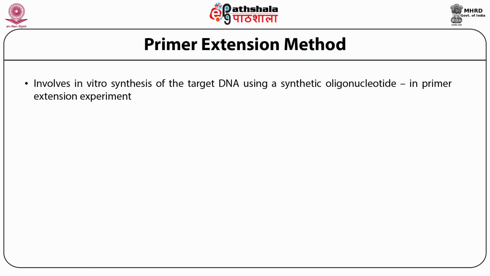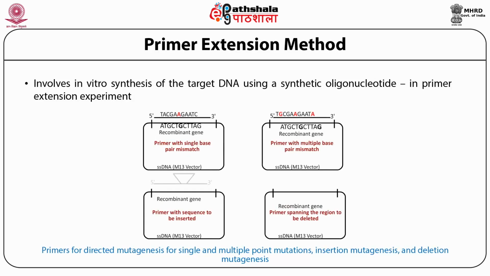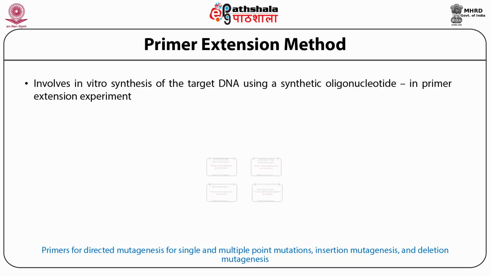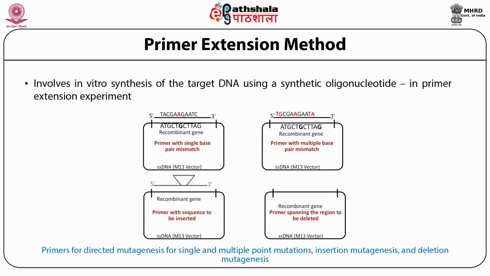This method involves in vitro synthesis of the target DNA using a synthetic oligonucleotide. This is also known as the primer extension experiment. As you can see on the slide itself, the primer is carrying the mutation in it. This method basically requires the target gene to be in the single stranded form.